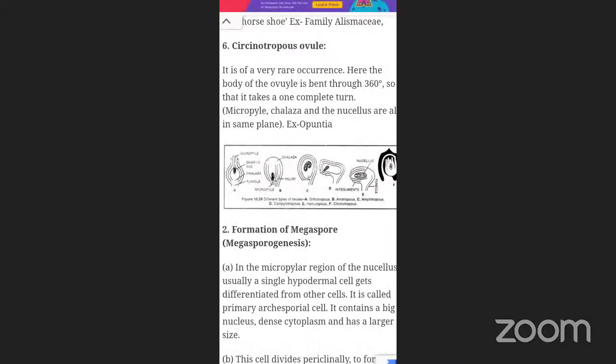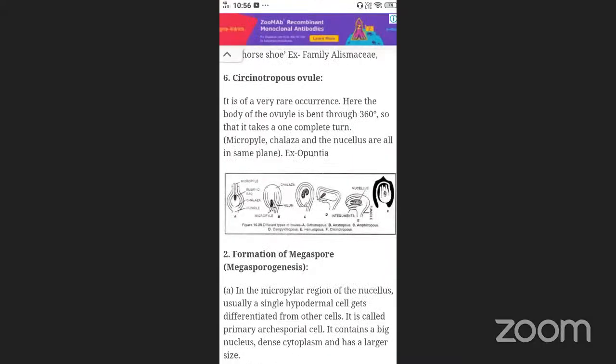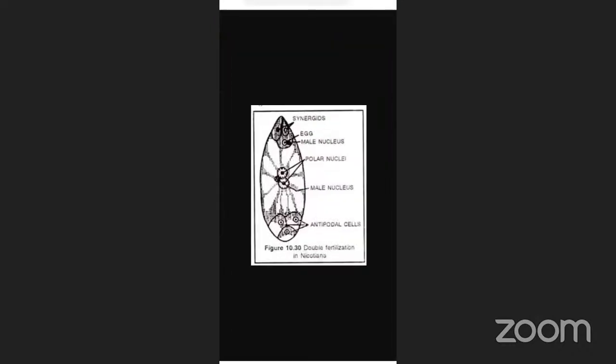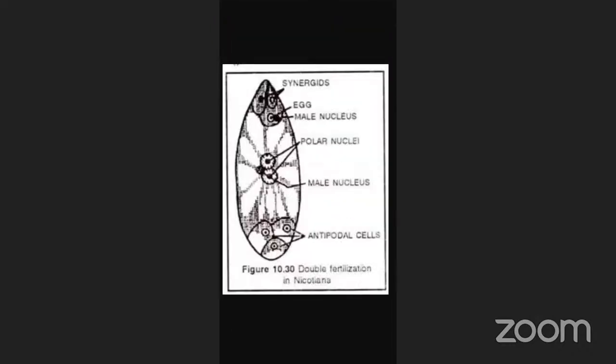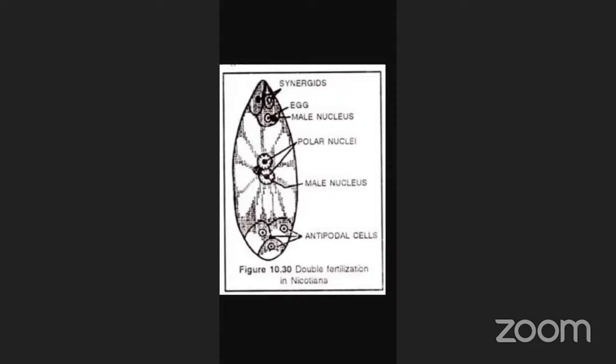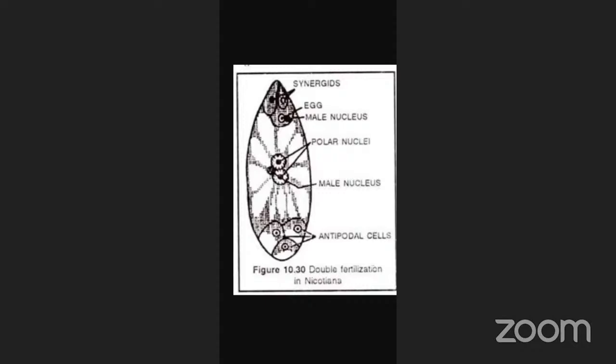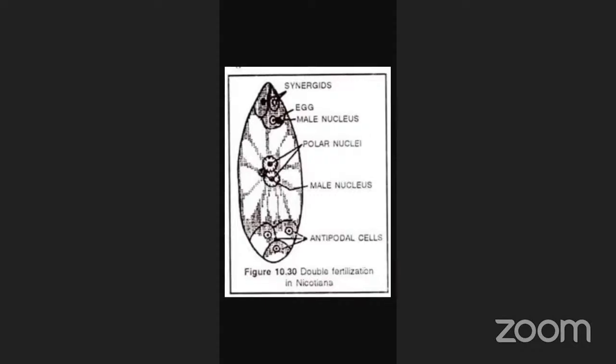Sir, now your screen is not showing. So here, see the embryo sac. So obturator here, you see in the textbook on the page number. Sir, not showing, now only the ovule. Is it clear? Hello? Is it okay?